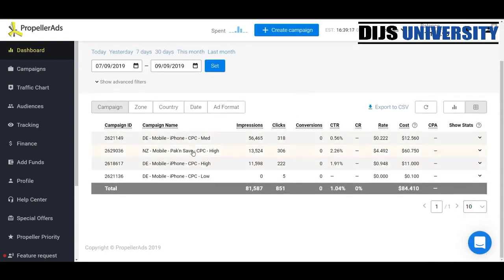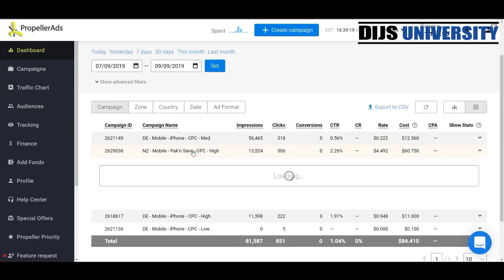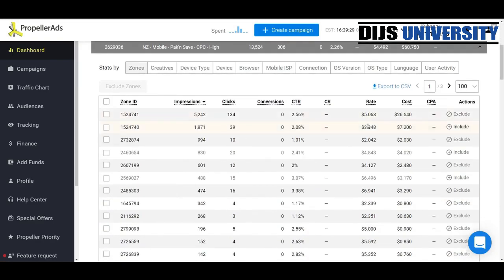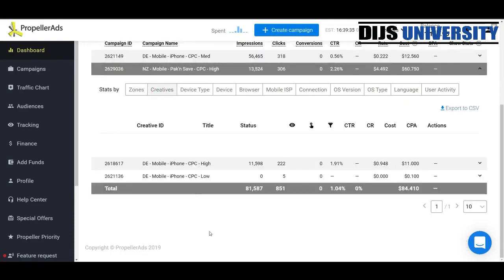All right, we should be in this campaign here. The data is a little off as far as conversions go because we were tracking the wrong postback URL.